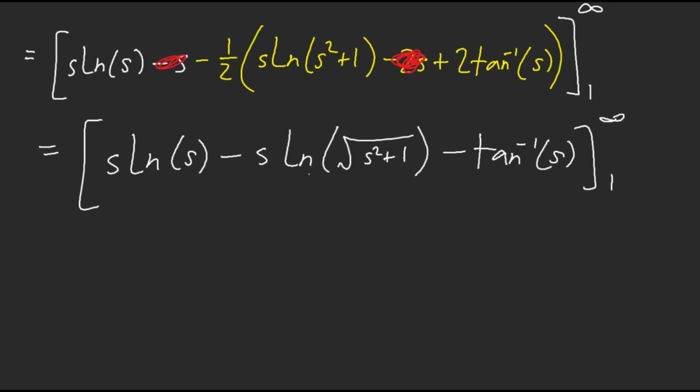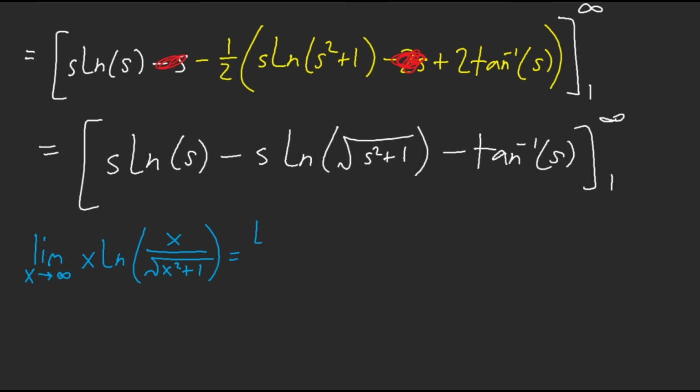Okay, now, here's the most annoying part, is doing the limit. The limit, as x goes to infinity, we have x ln of x over x squared plus 1. This is technically infinity times 0, which means that we have to use L'Hopital's rule.